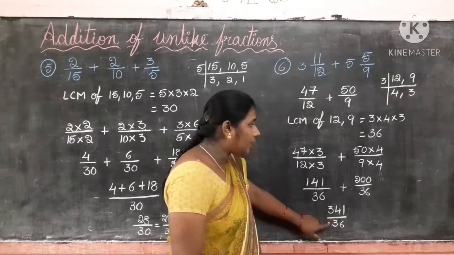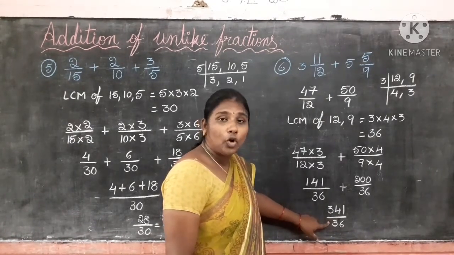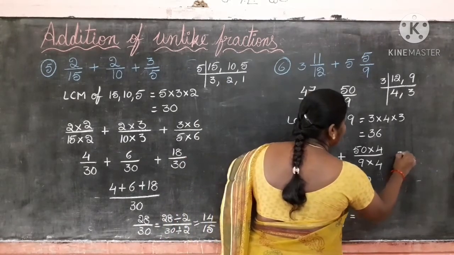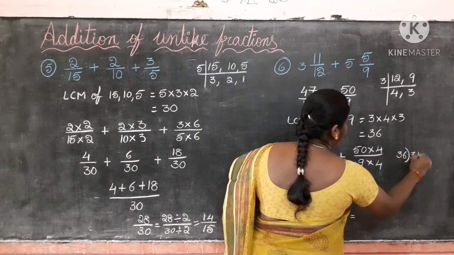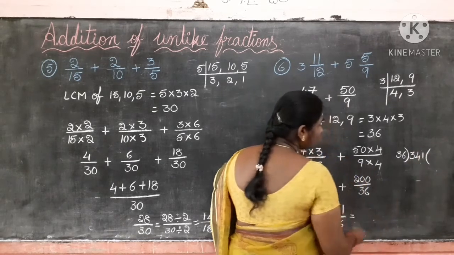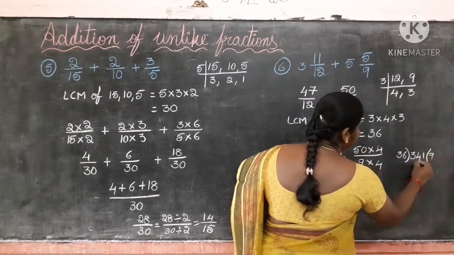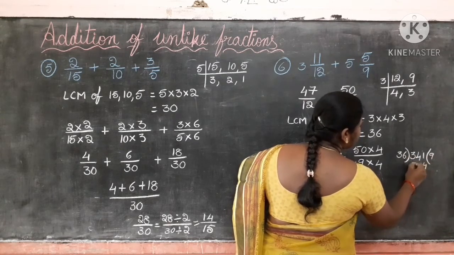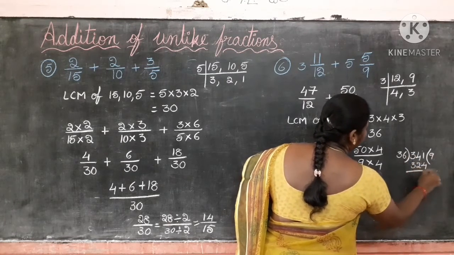Now 341 by 36 is an improper fraction. So we have to convert into mixed fraction. Do division: 36 and 341. 36 9s are 324. 9 6s are 54, 9 3s are 27, 27 plus 5, 32, 324.